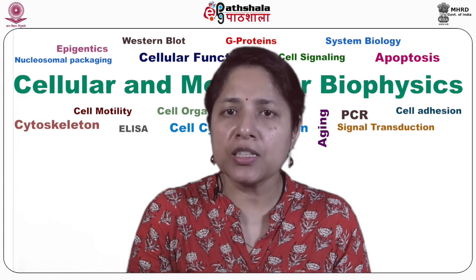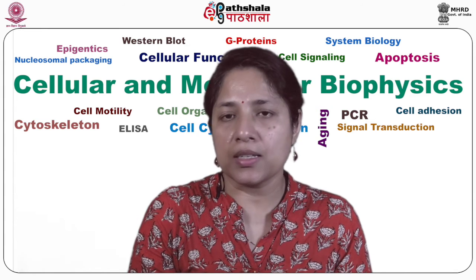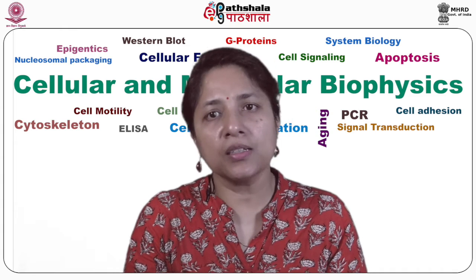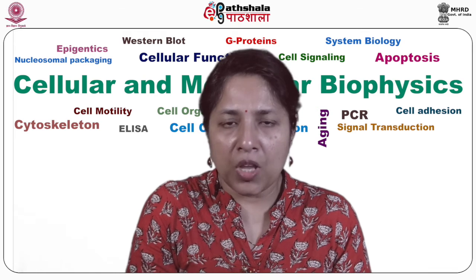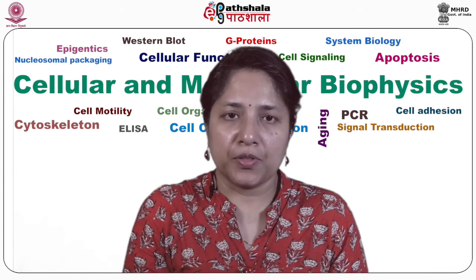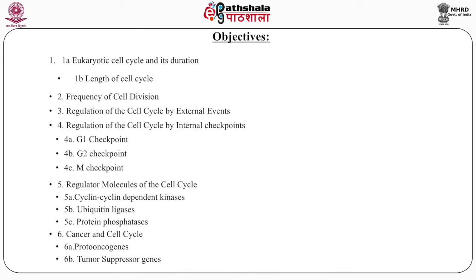Besides these internal checkpoints, the cell cycle is regulated by various external and internal factors, which we are going to discuss in this chapter in further detail. So, this chapter has the following objectives. We will begin with the eukaryotic cell cycle and its duration, the length of the cell cycle, and frequency of cell division in different cell types; regulation of the cell cycle by external events; regulation of the cell cycle by the internal checkpoints, and the various checkpoints as we discussed in the introduction; and then the regulator molecules of the cell cycle.